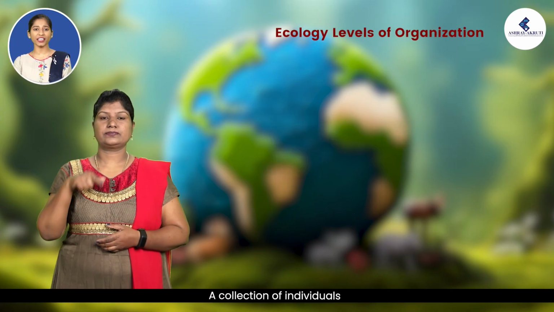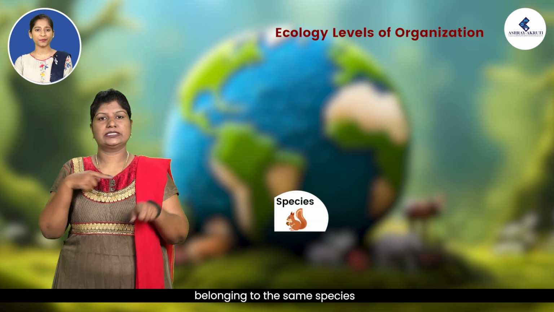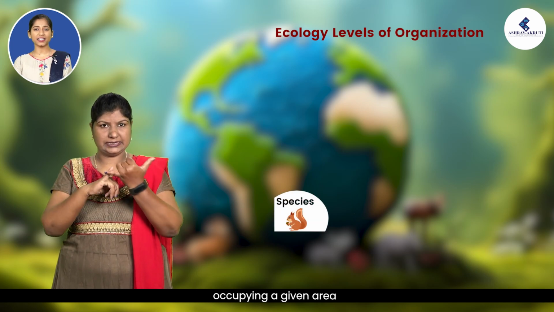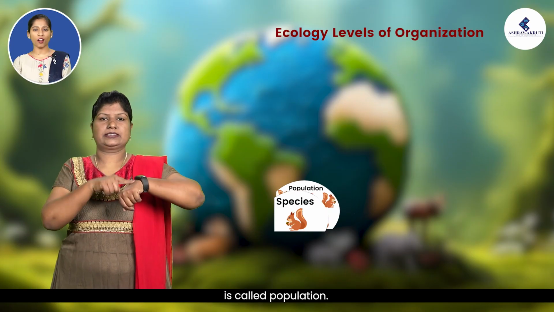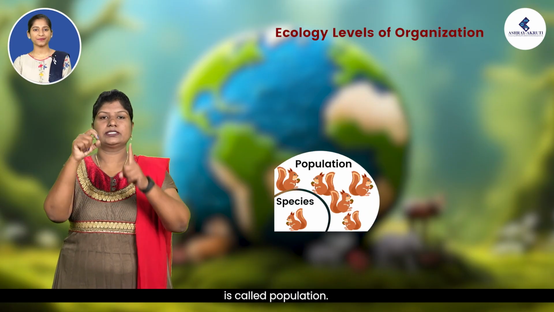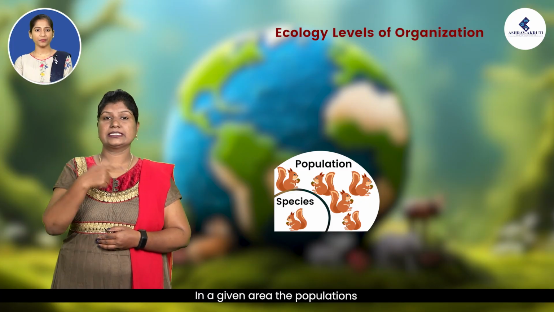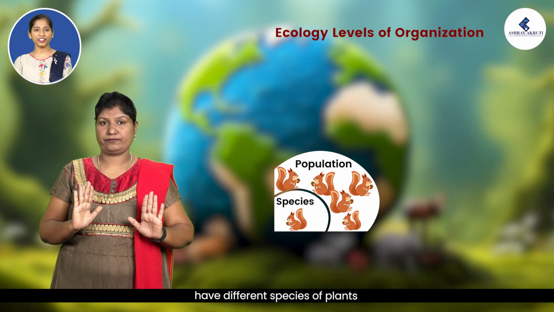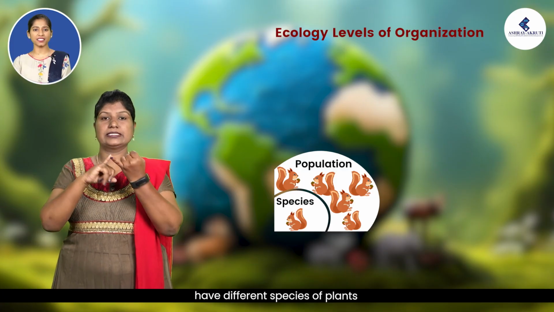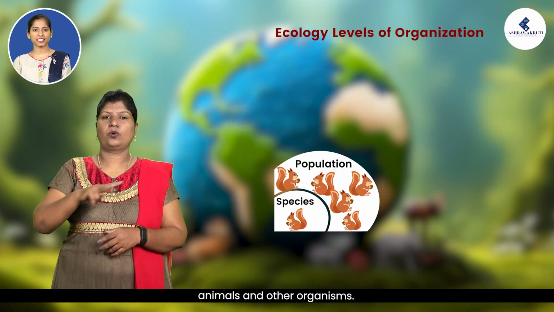A collection of individuals belonging to the same species occupying a given area at a given time is called population. In a given area, the populations that exist have different species of plants, animals, and other organisms.